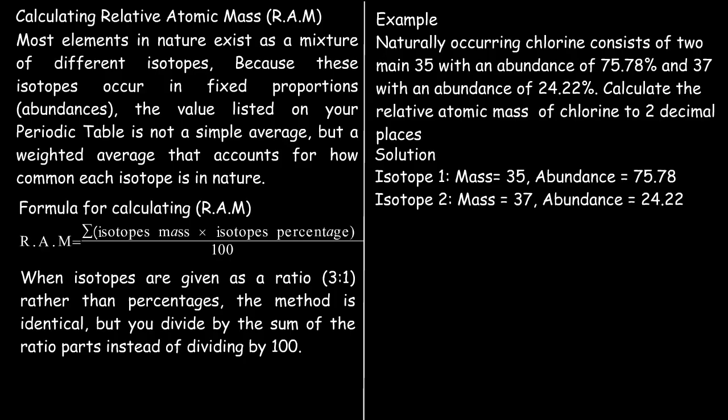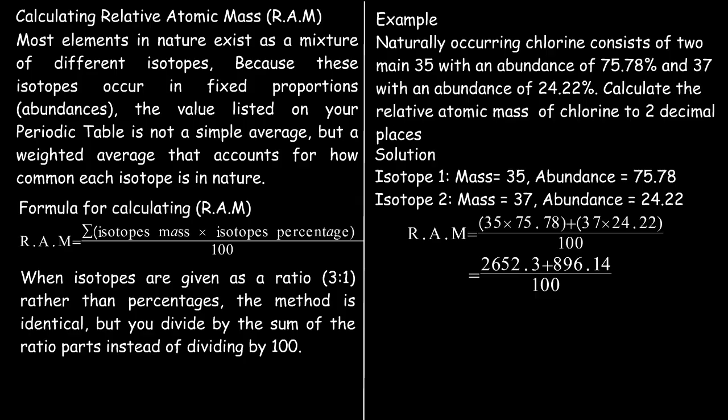Now, for our formula, we know that our relative atomic mass will be equal to the product of the mass and the abundance of each isotope, added together, divided by 100. So our relative atomic mass in this case will be equal to 35 times 75.78 in bracket plus 37 times 24.22 in bracket, divided by 100, which will be equal to 2652.3 plus 896.14 divided by 100.